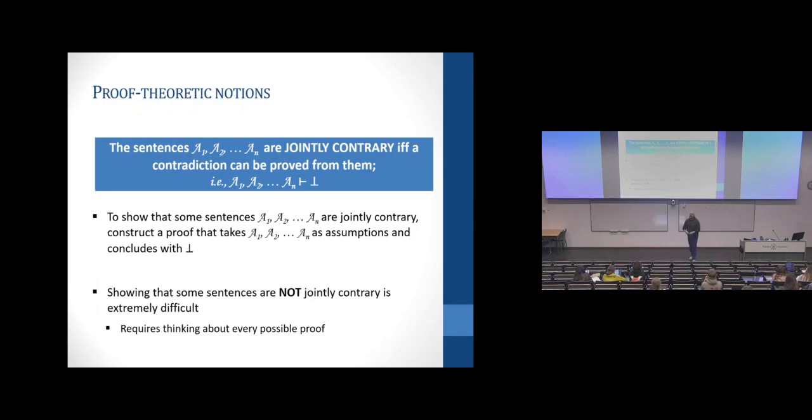So what we do here is we take the sentences as assumptions, right? Open our proof with them, and then we end in a contradiction. So, interesting follow-up question. What's the concept that this is parallel to? What semantic notion is this tracking?